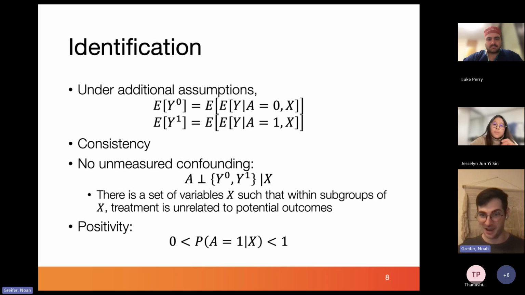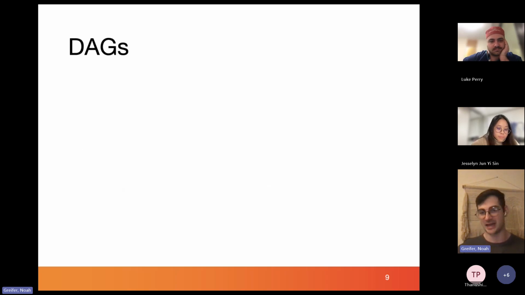Okay, let's talk about how we can find this set of variables. Luke mentioned the idea that if you fail to adjust for or measure certain variables, then the association that you see doesn't necessarily represent a causal effect. There is yet another formalization of this concept that is represented in what are called DAGs, not dogs, but DAGs.